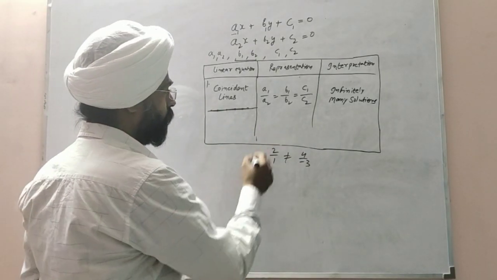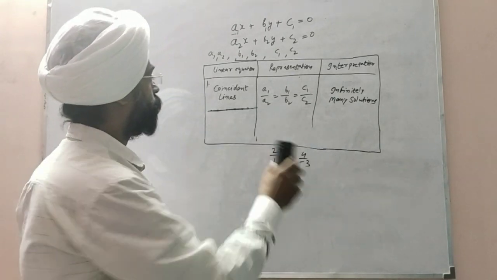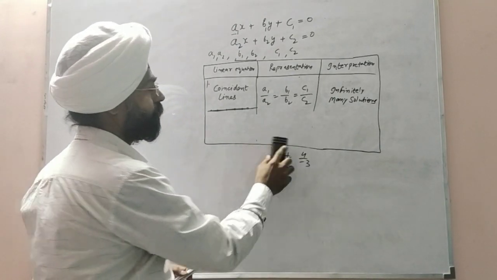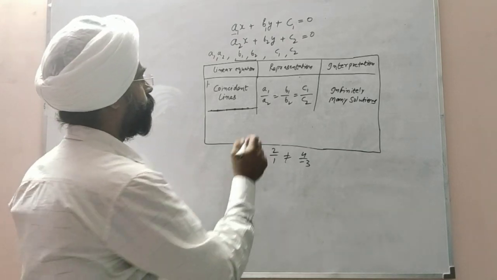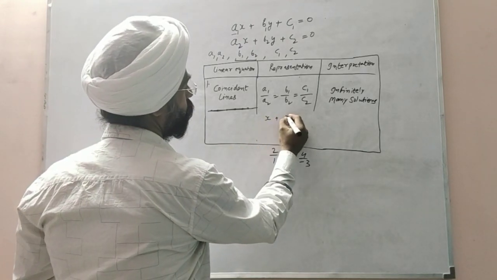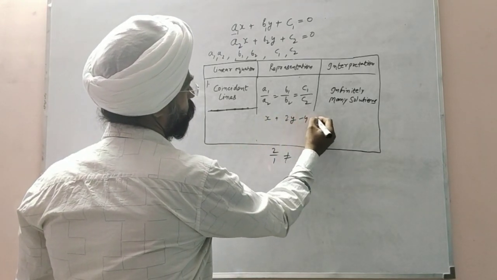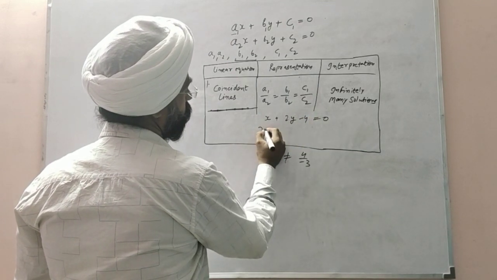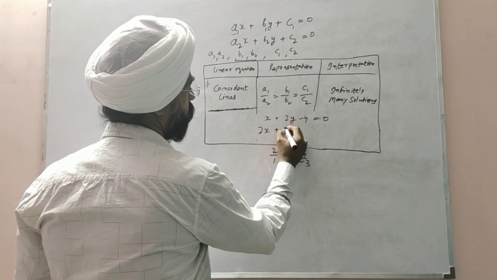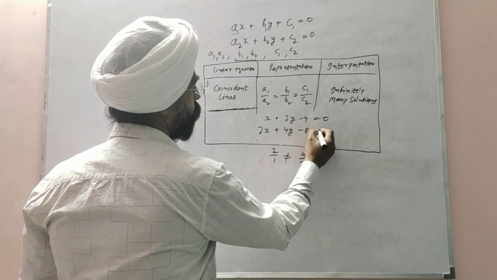For example, if the ratios are equal, you can take simply x plus 2y minus 4 equal to 0. You can multiply it by 2 to get 2x plus 4y minus 8 equal to 0.